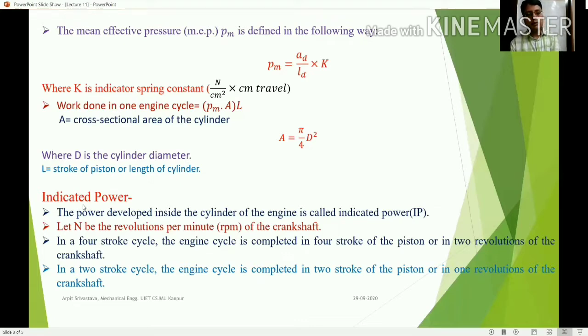is indicated power. So what is indicated power? The power developed inside the cylinder of the engine is called indicated power.